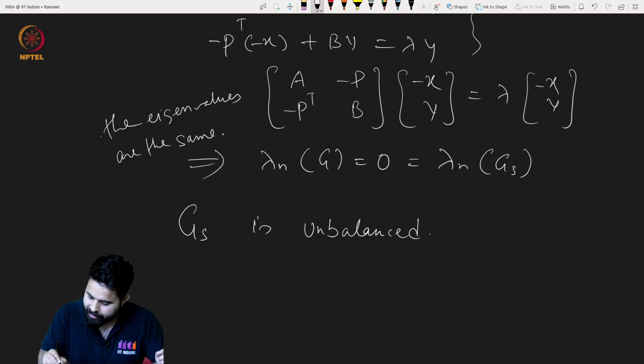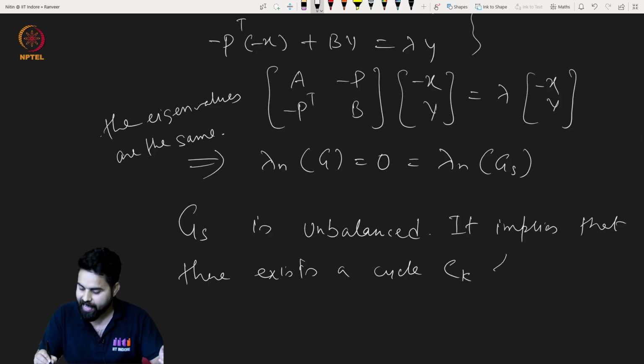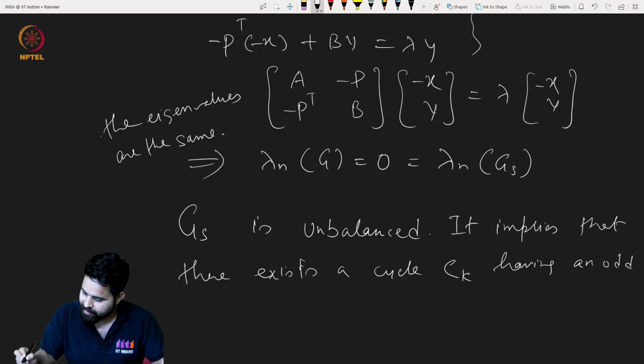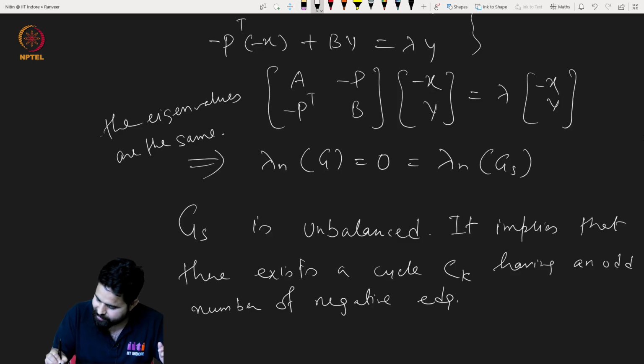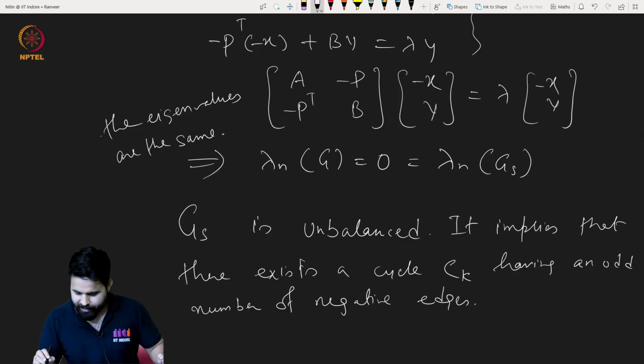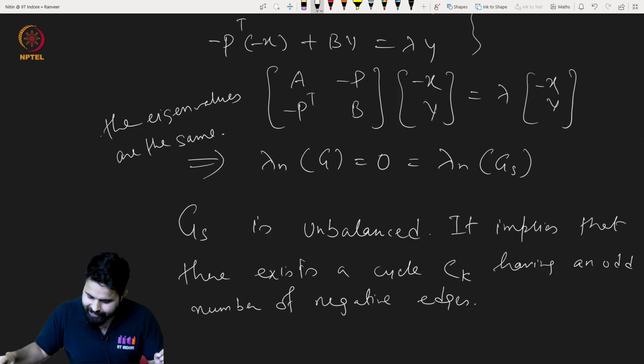So it implies that there exists a cycle Ck having an odd number of negative edges. In that case, how can we prove that the Laplacian matrix comes out to be non-singular? So let us see the unit eigenvector corresponding to lambda n.